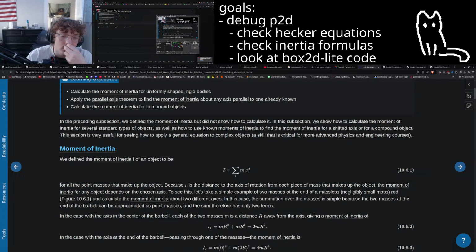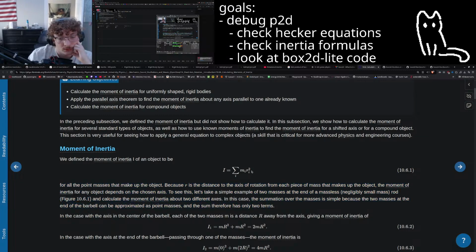I see. So you have to think about it in 3 dimensions. So in 2 dimensions, this R must be... If we're rotating on the Z, which goes through the 2D plane, that means the distance is the extent.